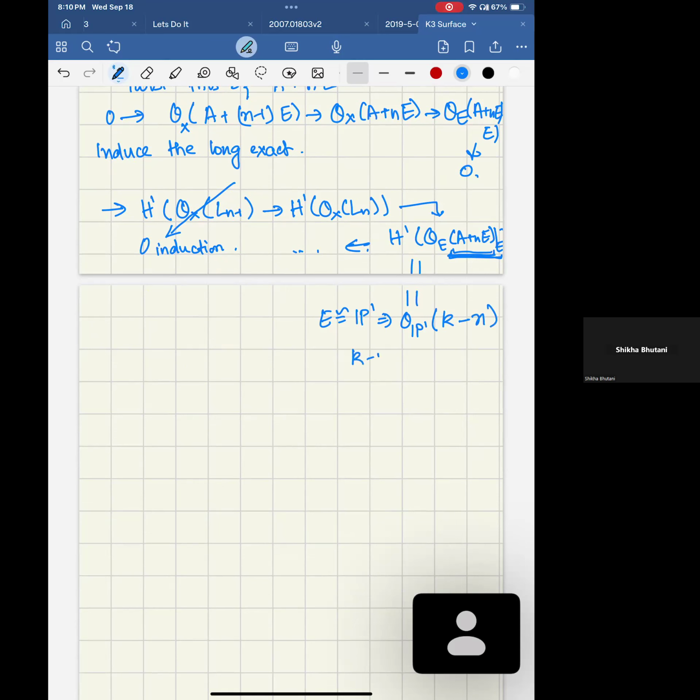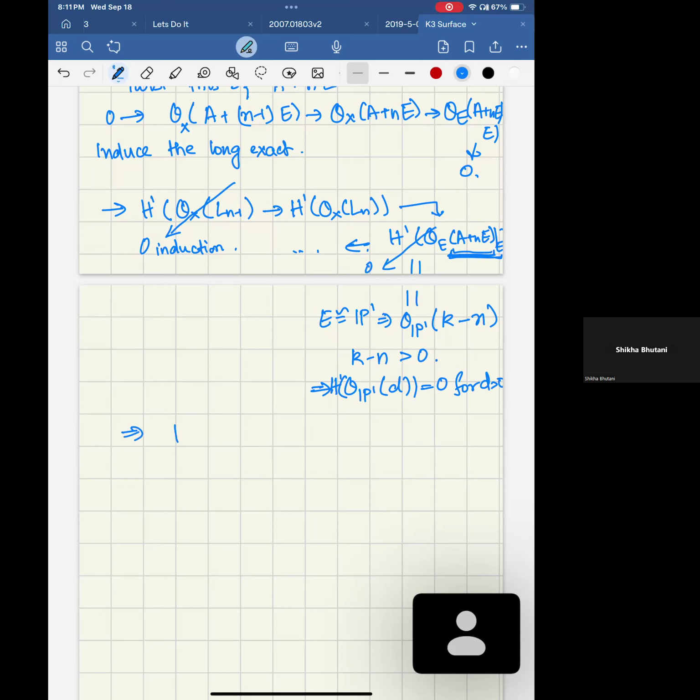So now since K minus n is strictly greater than 0, and we know that H1 of OP1 of d is equal to 0 for d strictly greater than 0, that gives me that this is going to be equal to 0, right?